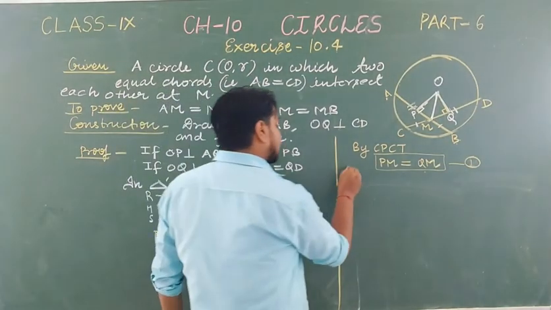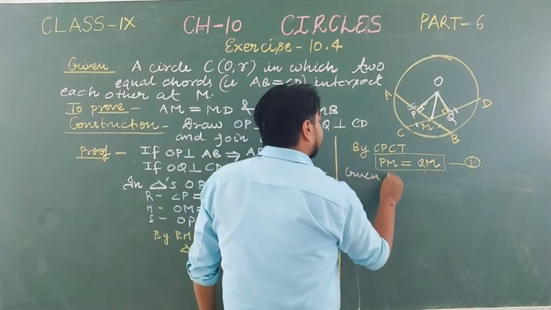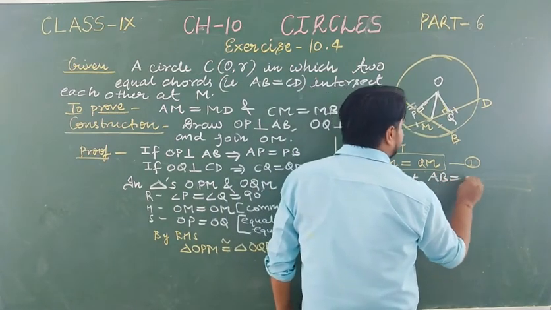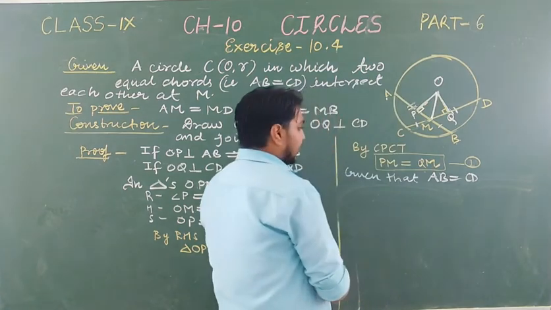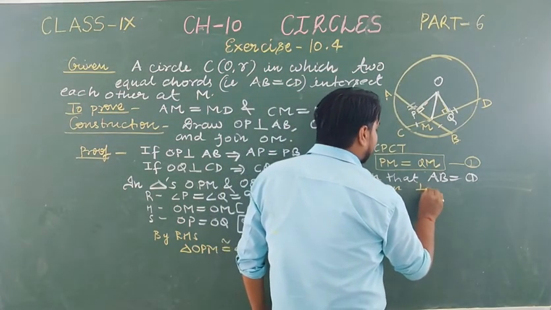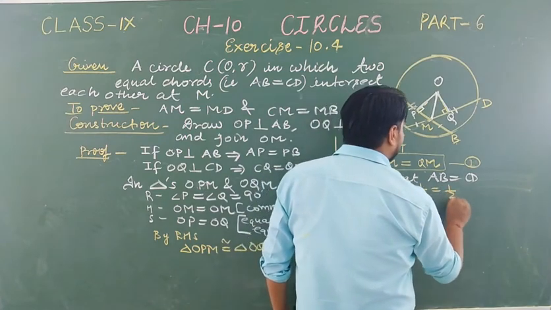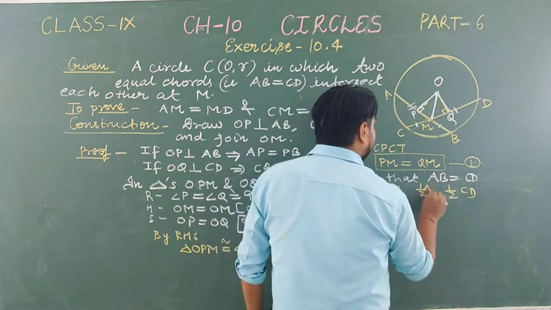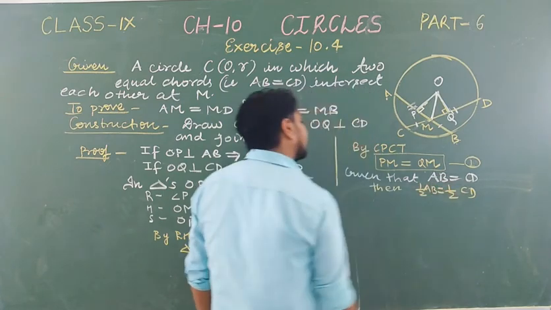In the question it is given that AB is equal to CD, then half of AB will be equal to half of CD also. Okay, half of AB will be equal to half of CD.